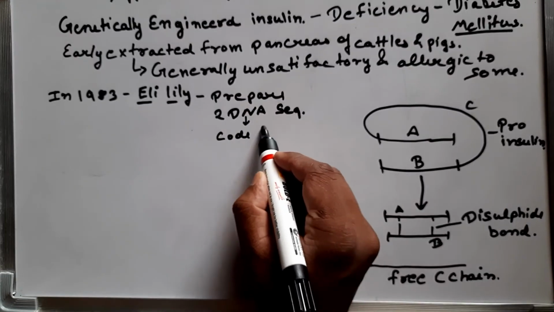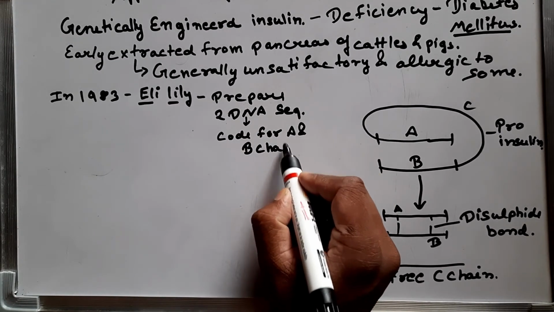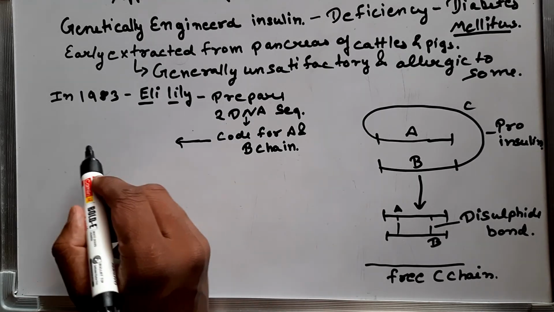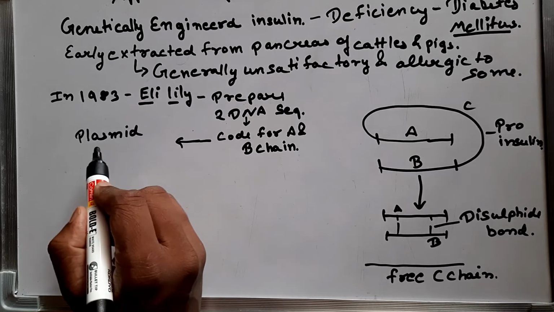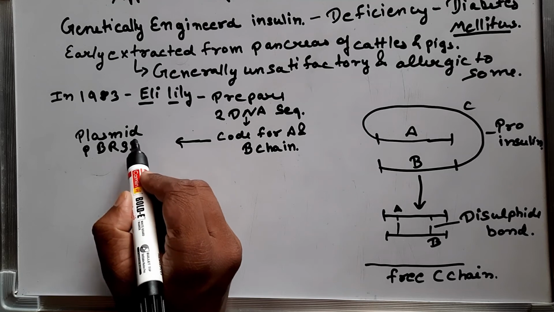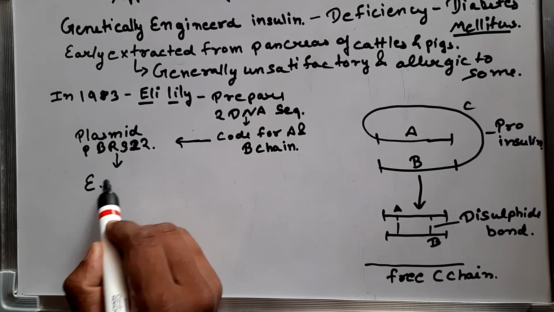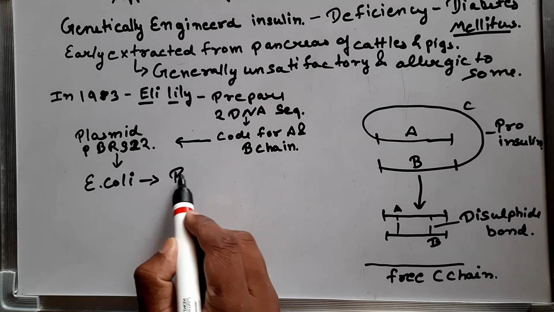We have already studied in our previous video that in pBR322 only one selectable marker is present, which is the lacZ gene. These two DNAs are inserted into the lacZ gene, so we can separate them from blue color solutions. And now these plasmids are inserted into the E.